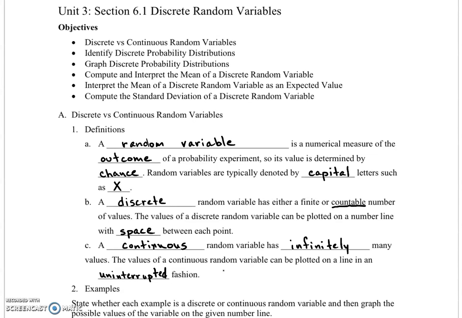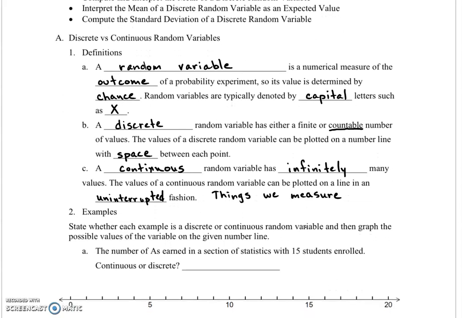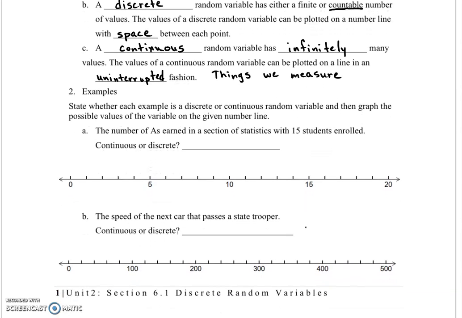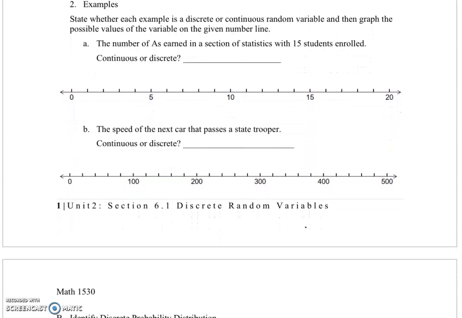And remember, continuous are things we measure. So let's look at a couple examples. We'll state whether the example is discrete or continuous, and then we'll graph the possible values on the number line.